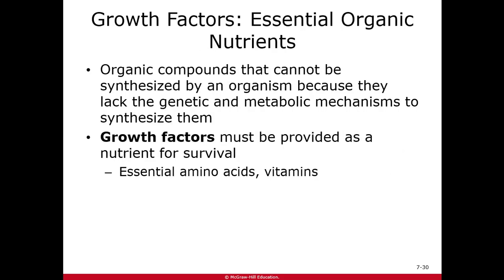Now, for organic molecules, there are some organic compounds that we can't make at all. And I say we, but bacteria can't make them either. So they have to be provided somehow in their nutrients, in their diet, and they're called growth factors. There are certain amino acids that cells can't make.